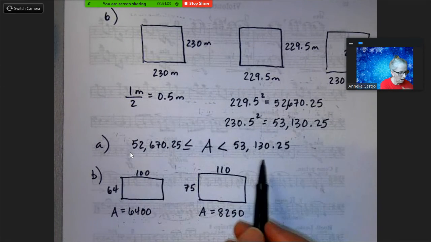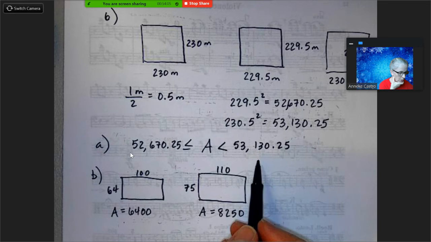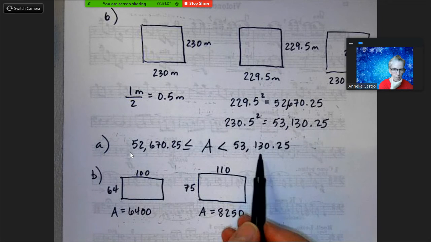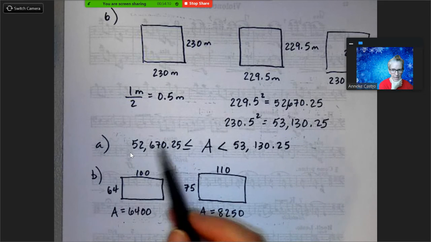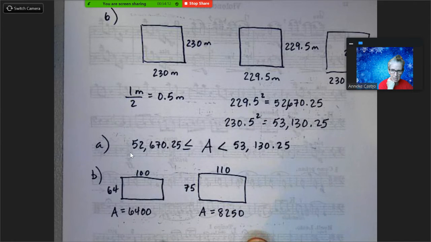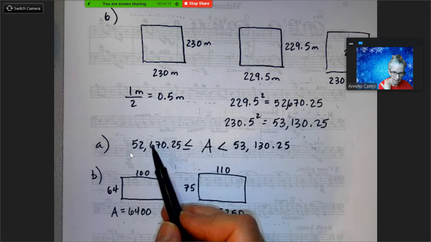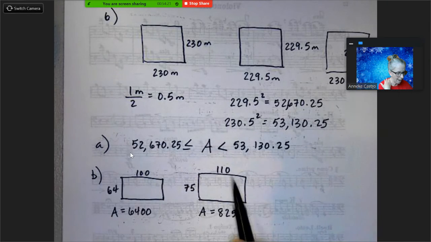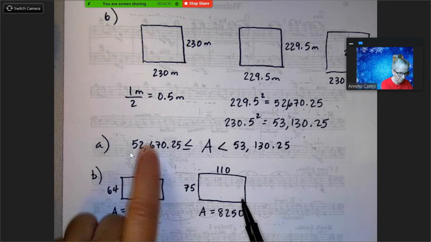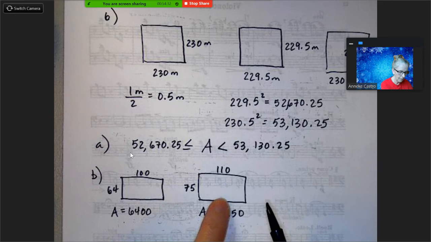The smallest number of pitches would be if I took the smallest area of the pyramid and divided it by the largest football pitch.